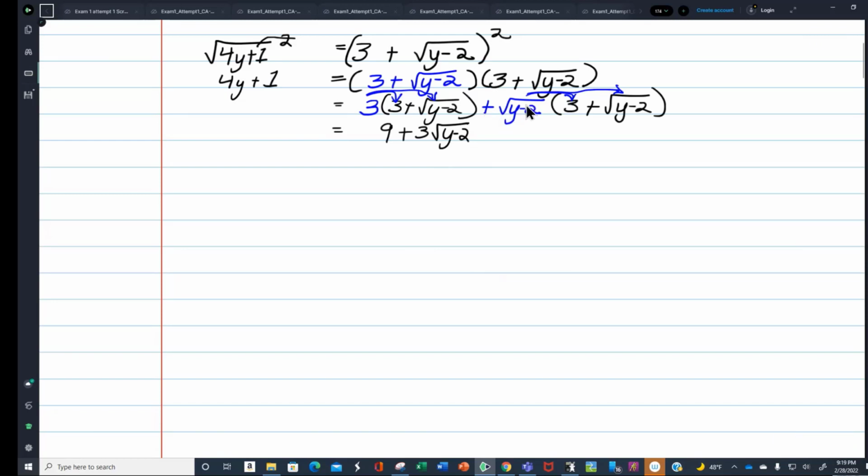And then plus the square root of y minus 2 times 3 is also plus 3 times the square root of y minus 2. And plus the square root of y minus 2 times plus the square root of y minus 2 is plus the square root of y minus 2 squared.